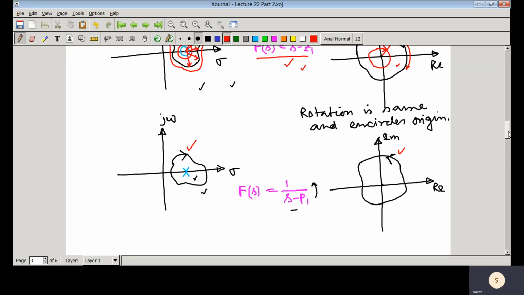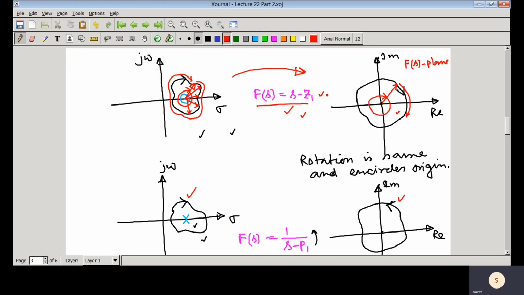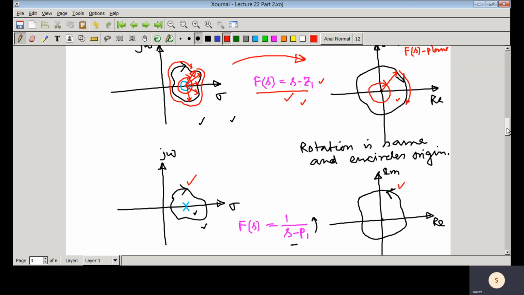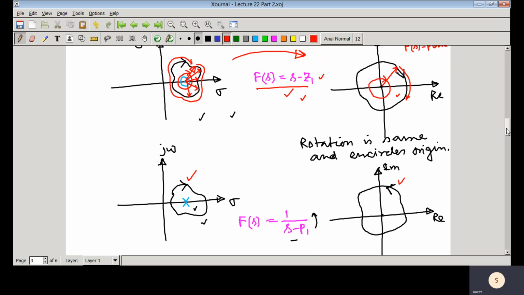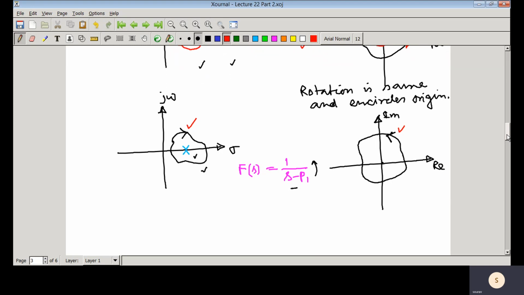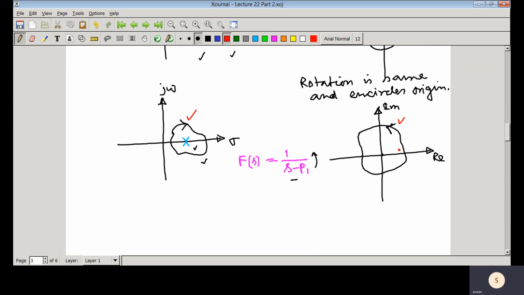So this is very important. But in the case of a zero, it does not happen because it is in the numerator. So the angle contributed by this one, if it is positive, remains positive, and if it is negative, remains negative. So in the case of a zero, the direction of rotation remains the same. But in the case of a pole, the direction of rotation is reversed.